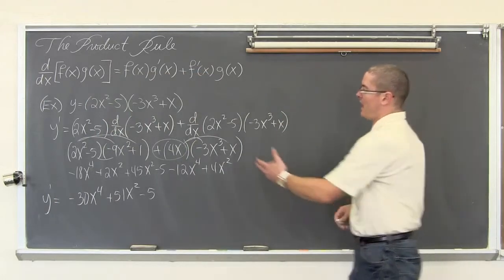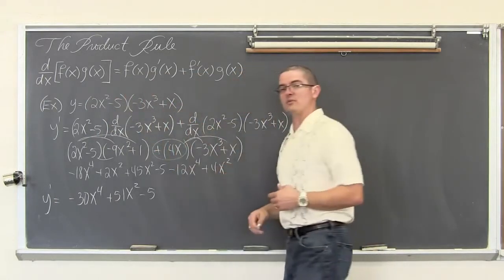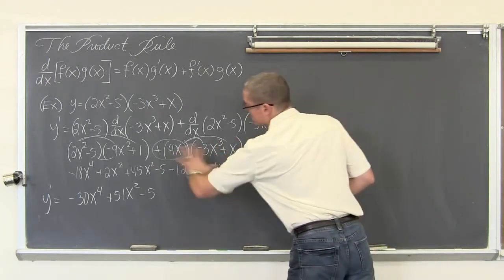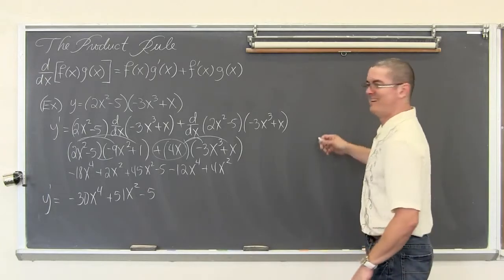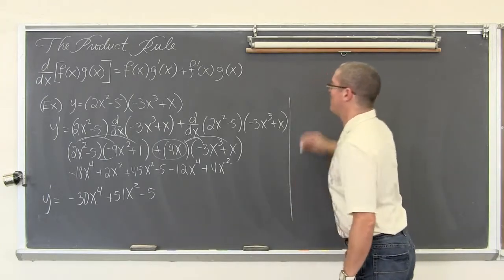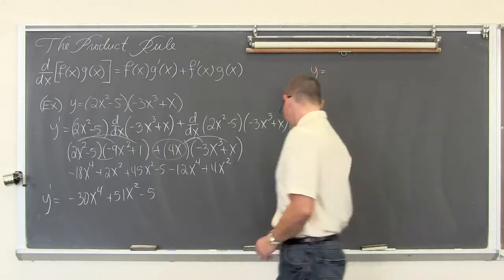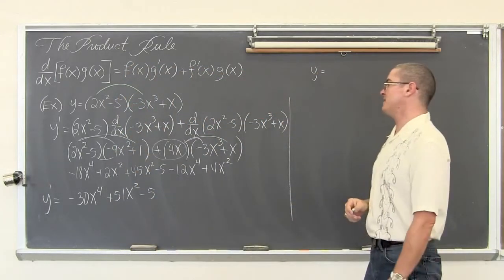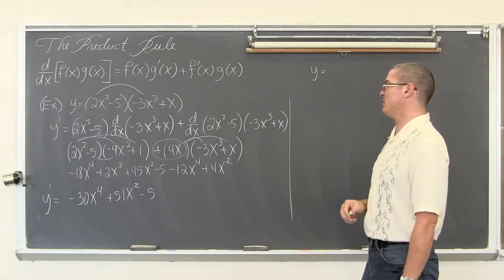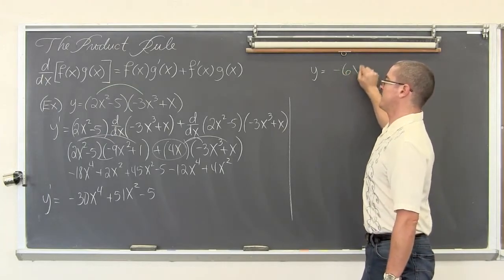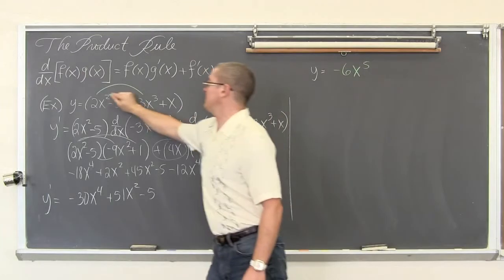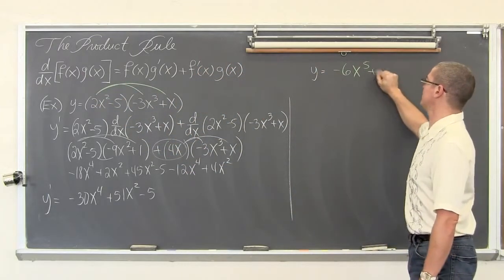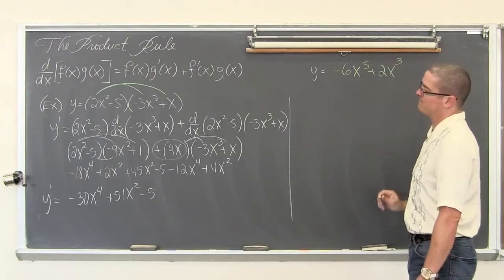Now, I could have just distributed this together in the first place and used the basic rules of differentiation instead of this process, which is a little bit tedious. So we have y is equal to 2x squared times negative 3x to the third is negative 6x to the fifth, and then 2x squared times x is positive 2x to the third.